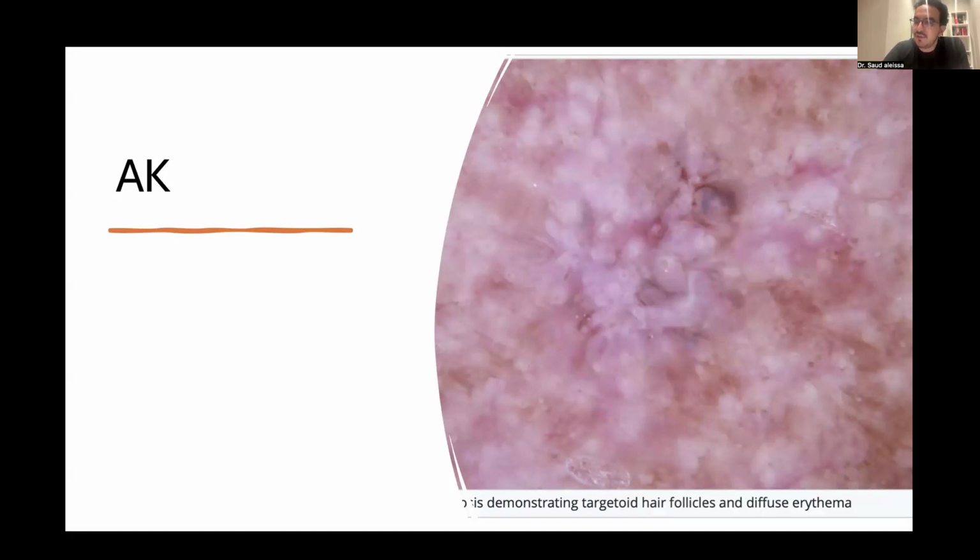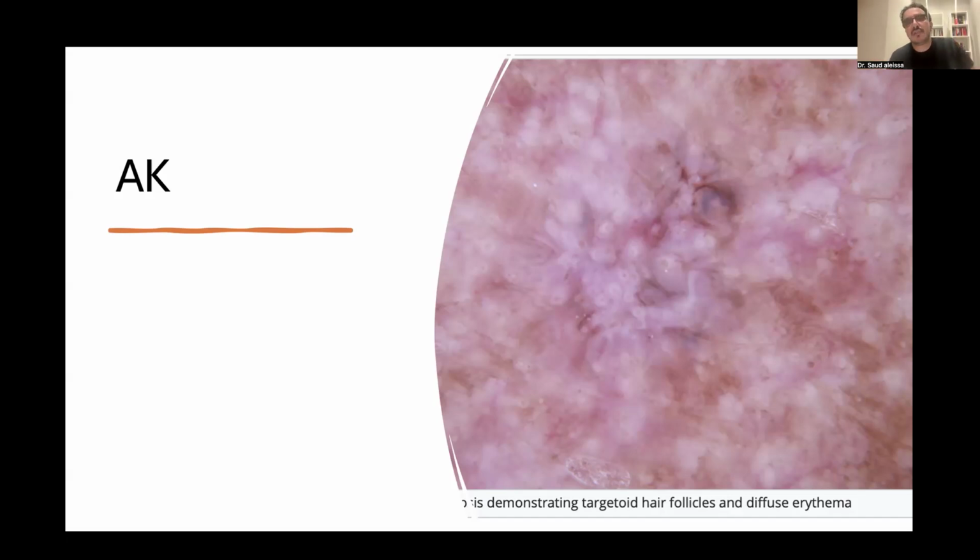So the alternative is to do something called field therapy or field decancerization. There's multiple ways to do it. There are things like imiquimod, there's 5-FU. Those are creams that you put and they trigger your immune system to attack these sun-damaged cells.